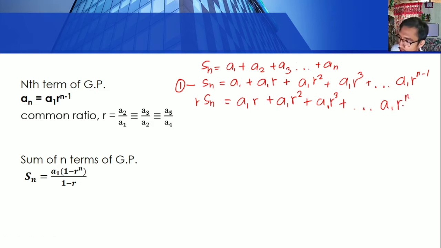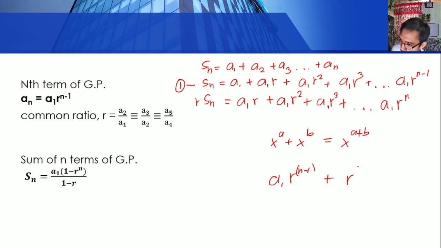So, bakit naging r raised to n na lang yun? So, remember natin yung product rule natin. So, x raised to a times x raised to b is equal to x raised to a plus b. So, kapag pag-aadin natin yan, a1 r raised to n minus 1 times r.